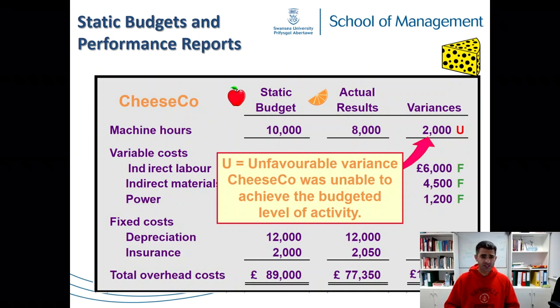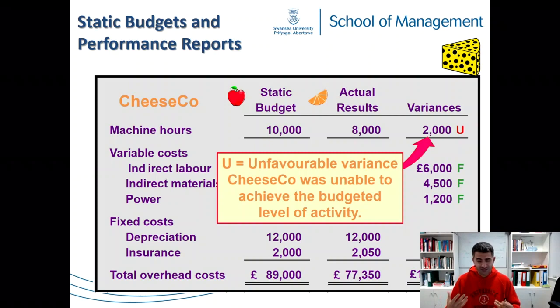Favorable means good for the business, unfavorable means not good for the business. As you see, these are the variances there. If you look at the bottom, the total overhead cost variance equals 11,650, and as you see, it is favorable. What does that mean? This means the business saved 11,650 pounds.